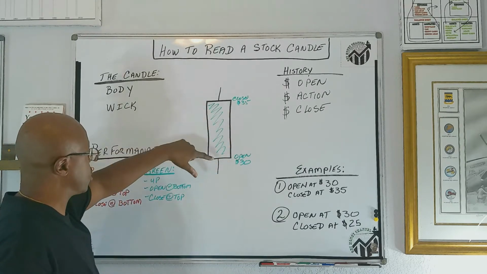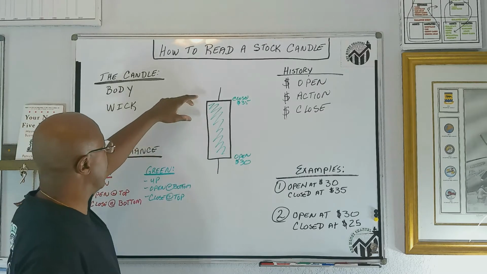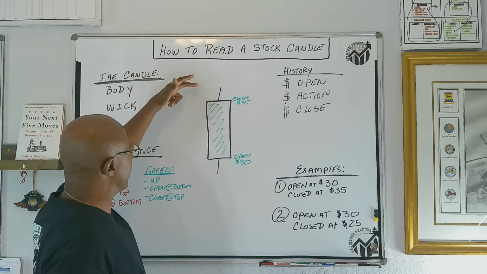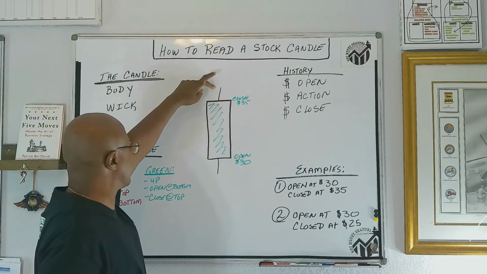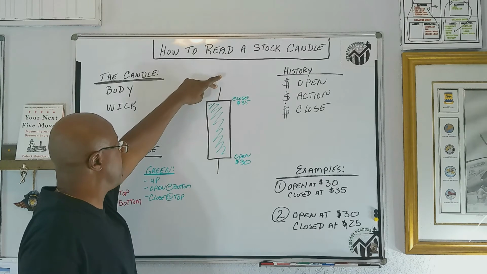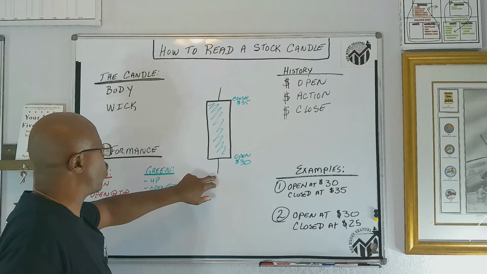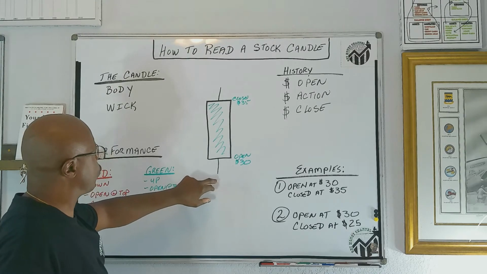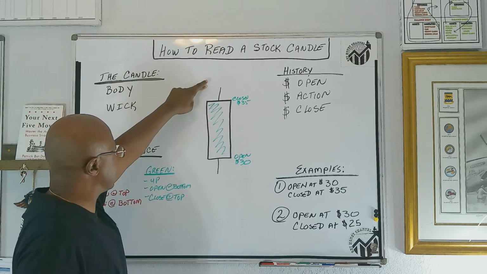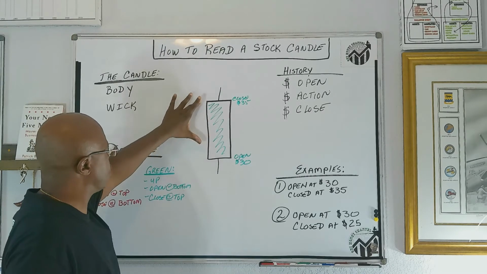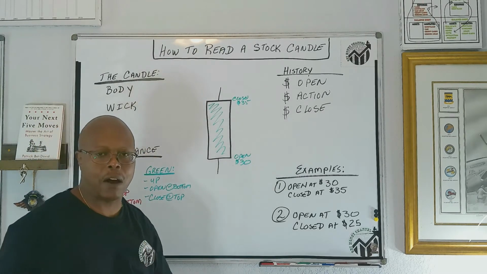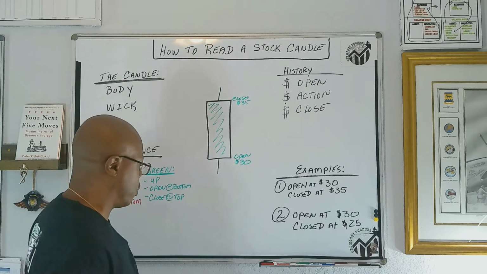It's an up day, so the color is green. And we know that, hey, during the day, it got as high as, let's just say this top of the wick here is 36, and the bottom of this wick here is, let's say, 28. So we know it traveled from 28 to 36, but it opened at 30, closed at 35. That's how it works. Let's try the second one.